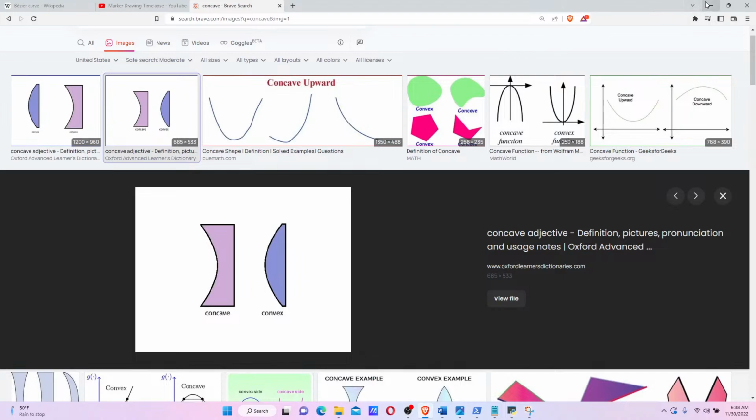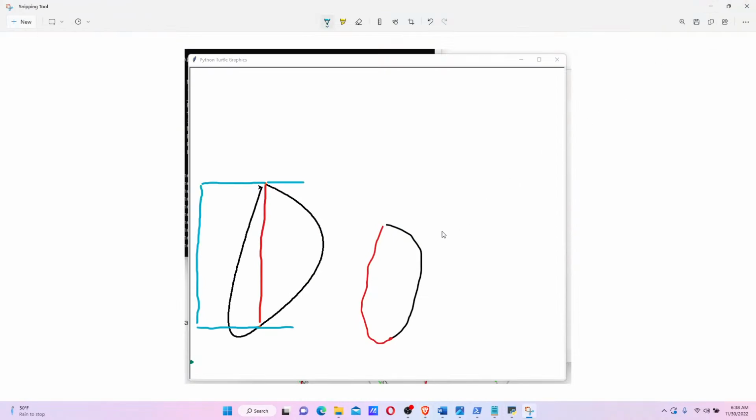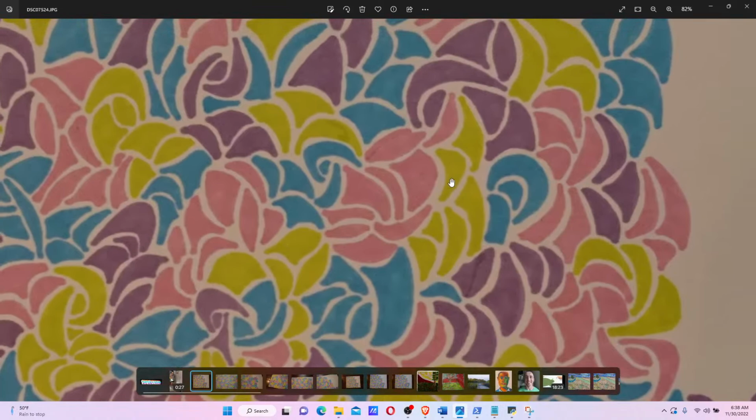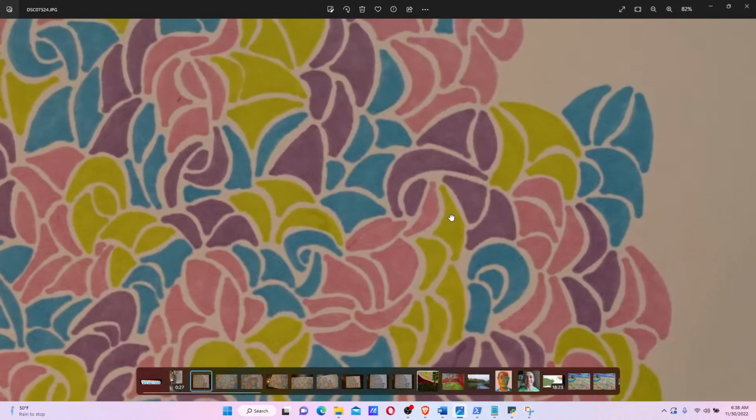Okay, so if we're making a concave shape, in the drawing, if we look at two-sided shapes, a concave two-sided shape would be one like this, where it's kind of inwards.